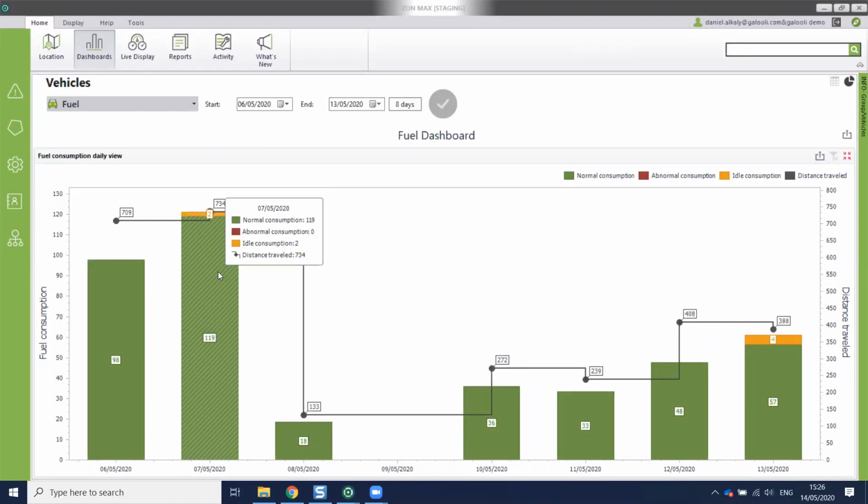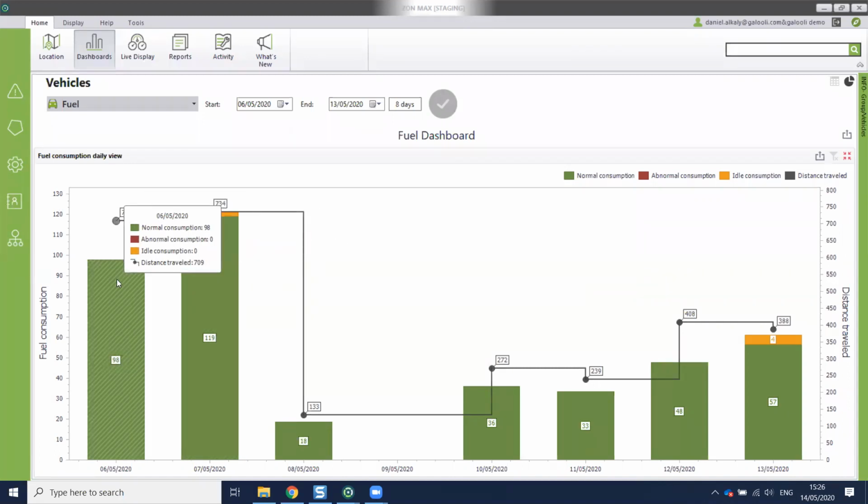Oftentimes, it's very abundantly clear that once we minimize the amount of idling, then we could also optimize the fuel consumption and the costs that are related to it.